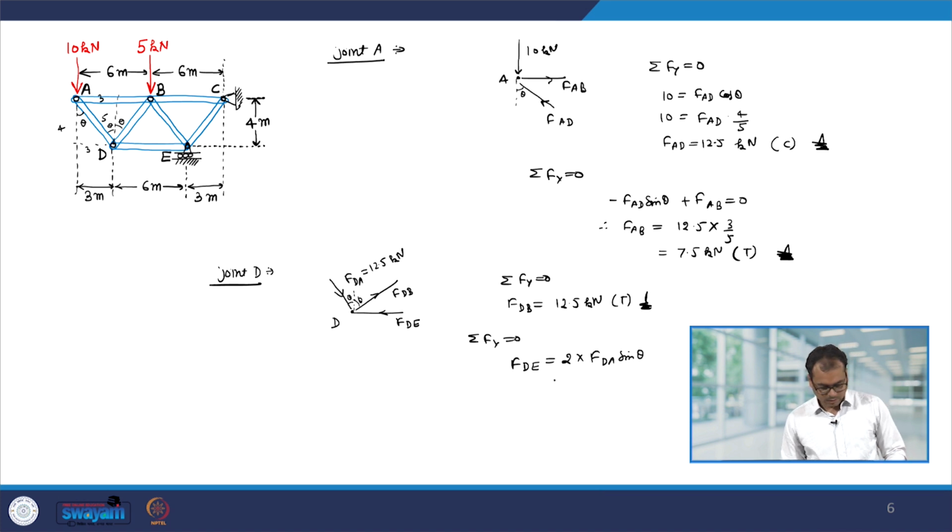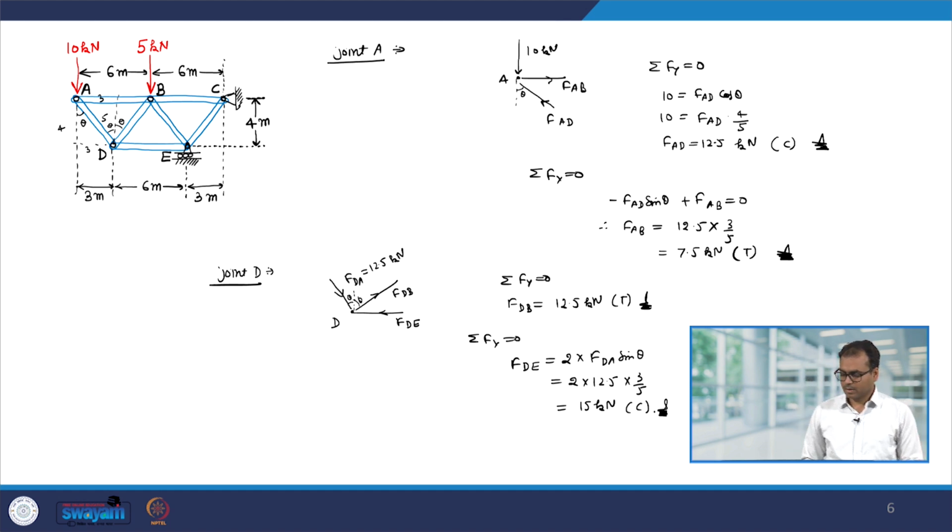So, this is 2 into 12.5 into 3 by 5, this comes out to be 15 kilonewton, and this is compressive. Okay. I have taken 2 here because FDA and FDB are equal. So, either you write it down again or just multiply by 2. So, with this we have solved joint D.